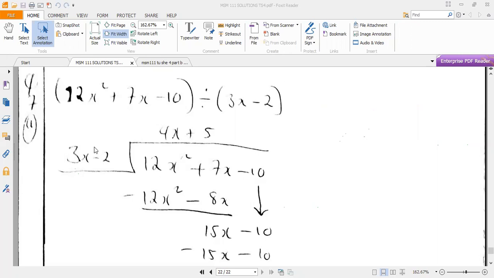Okay, so now when dividing a polynomial, we always start with this guy here. So when we're dividing, we say 3x into 12x squared.